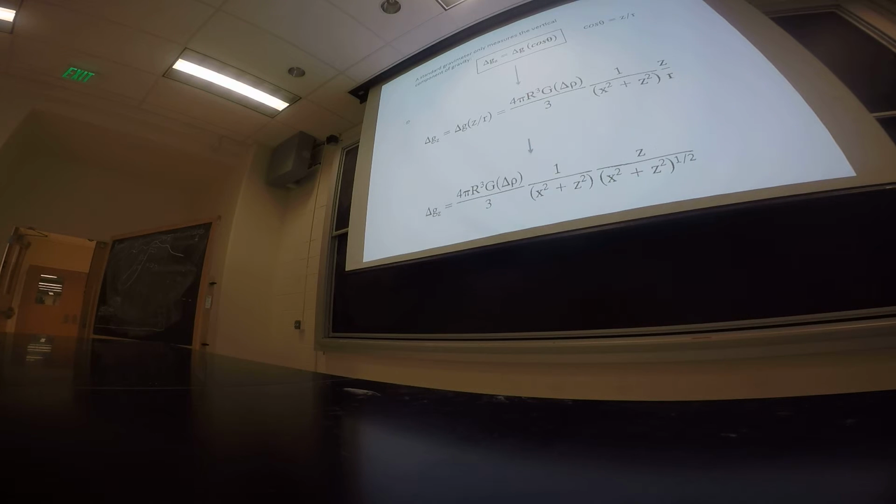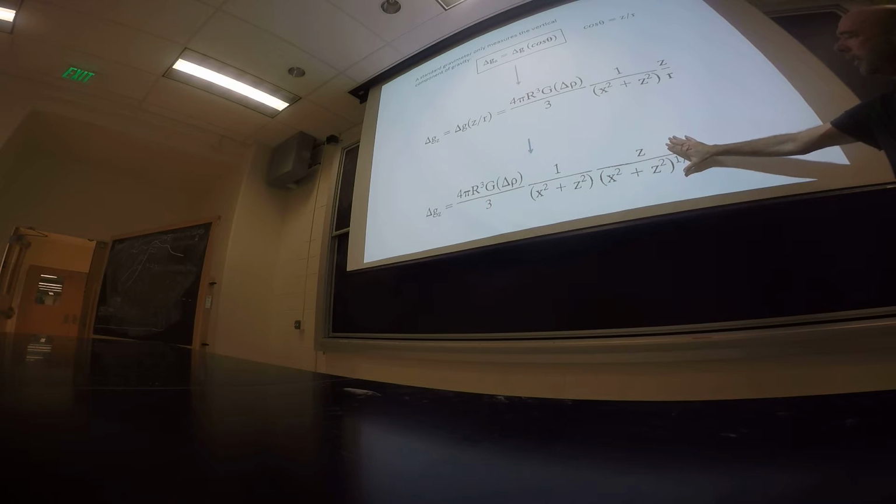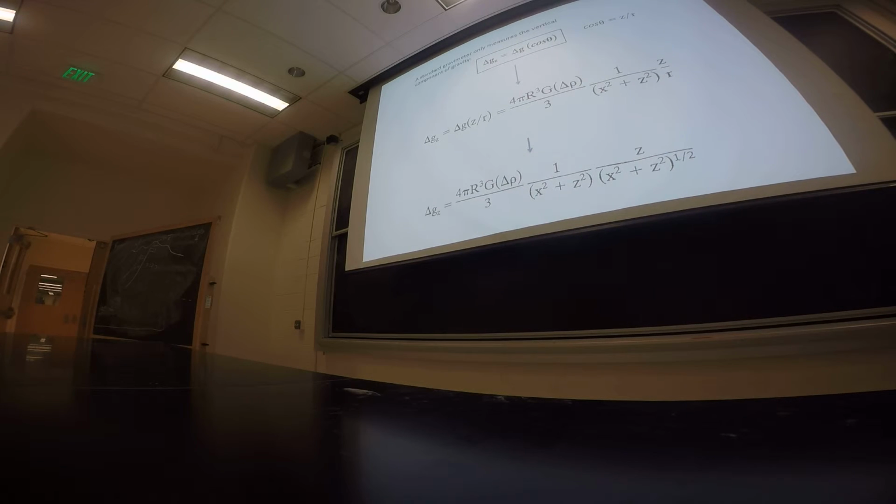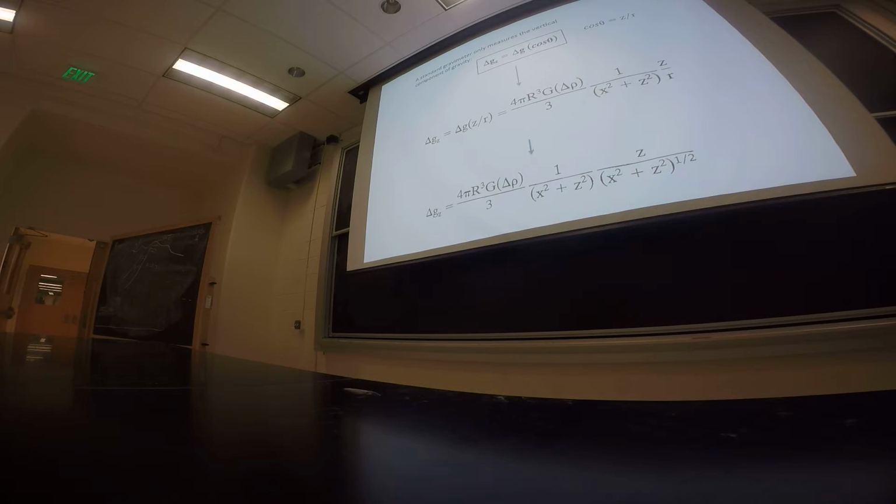So again, what we've talked about is that we can represent, this is the formula that you really need to know, okay? You need to know how to calculate the response of a buried sphere. Right? Why do we need to know the response of the buried sphere?